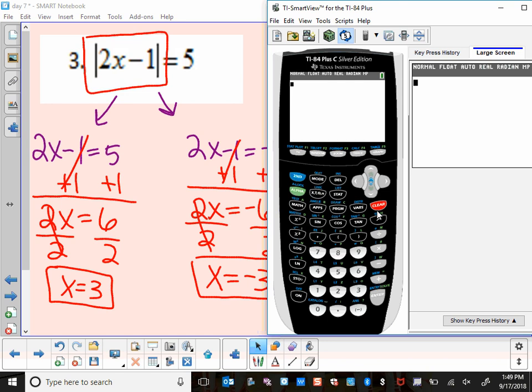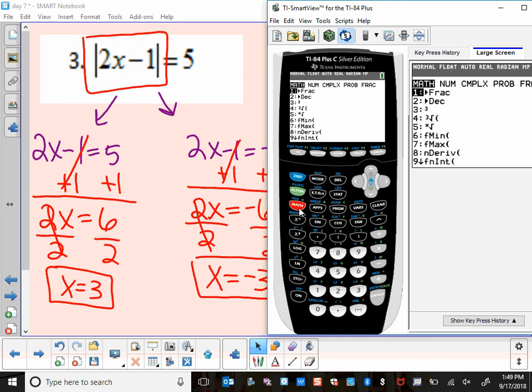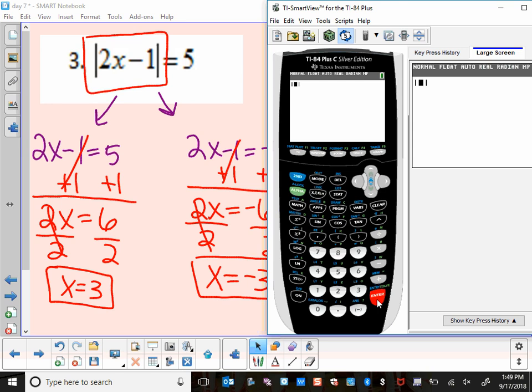On your calculators, if you want to check, some of you can do mental math here and just plug it in, you'd be okay. But let's go to math, over to number, hit enter for abs, that means absolute value. You see those two bars? We're writing inside of that.